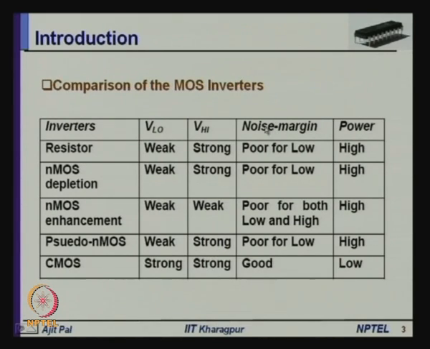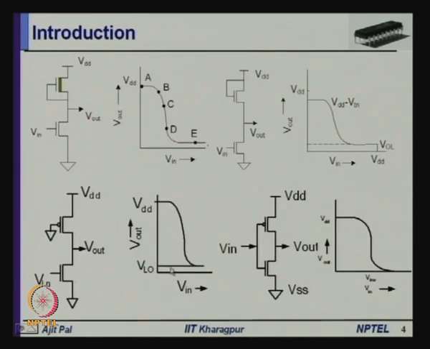Then consider the parameter we have considered, noise margin. So, we have seen noise margin is poor for low level for the resistor type inverter, where resistor is used as pull up, or when NMOS depletion type is used as pull up, or when NMOS enhancement type is used as pull up, or when pseudo NMOS device is used. For all the cases, noise margin is poor for low level. The reason for that we have already seen, because we are getting an output which is above the ground level.